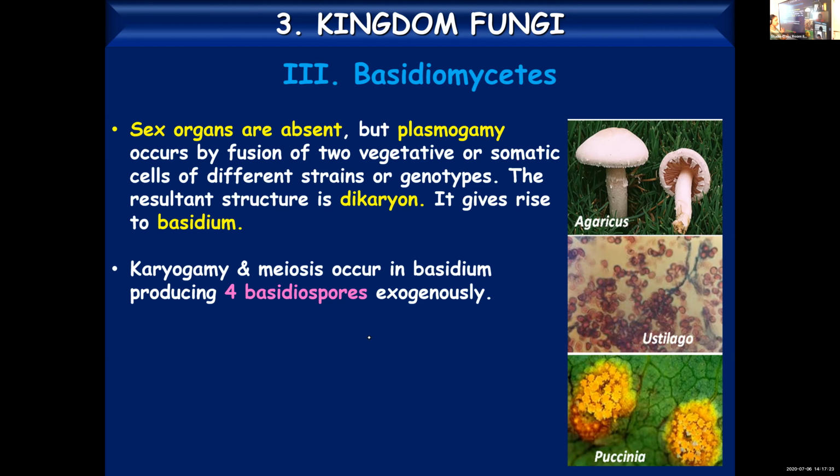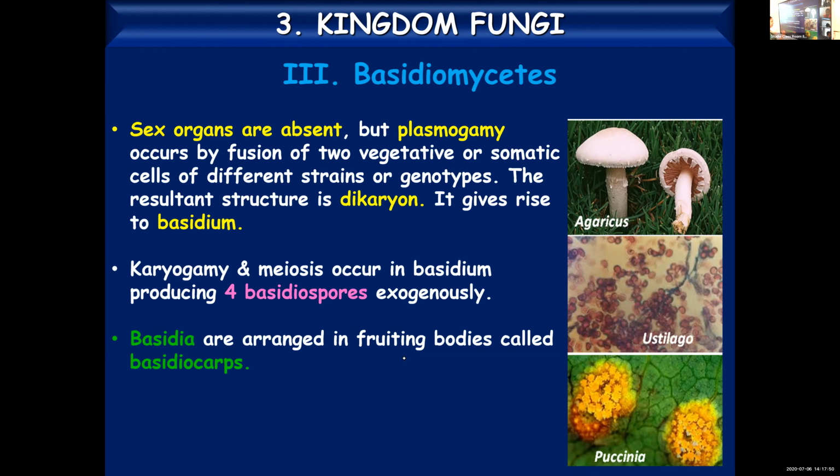So karyogamy and meiosis take place, resulting in the formation of basidiospores, and these spores are formed exogenously, on the outer surface. And these basidia will be arranged on certain structures known as basidiocarps.